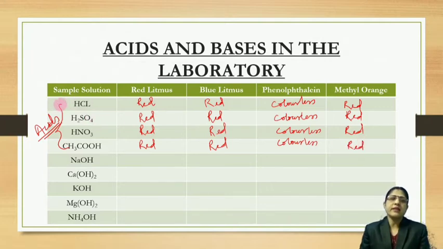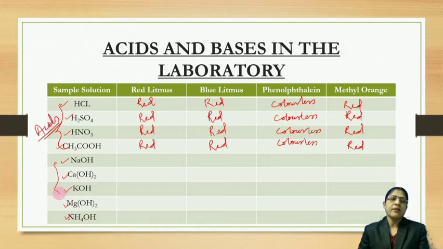All these are HCl, that is hydrochloric acid, H2SO4 sulfuric acid, HNO3 nitric acid, and CH3COOH, acetic acid. Then sodium hydroxide NaOH, calcium hydroxide Ca(OH)2, KOH potassium hydroxide, Mg(OH)2 magnesium hydroxide, and NH4OH ammonium hydroxide.